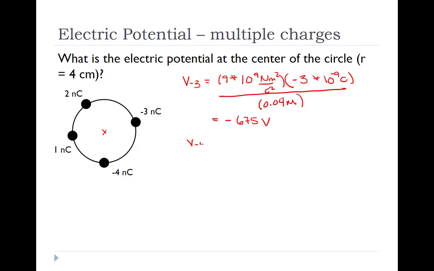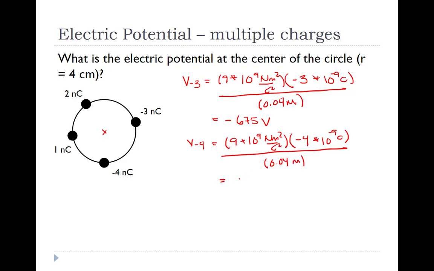I'm going to go around the circle to the negative 4 nanocoulomb. So 9 times 10 to the 9 again. Negative 4 times 10 to the minus 9 coulombs for the charge. The distance is the same. And that works out to be negative 900 volts.